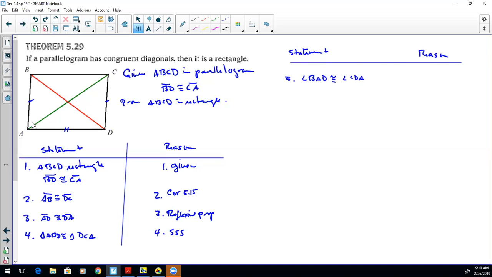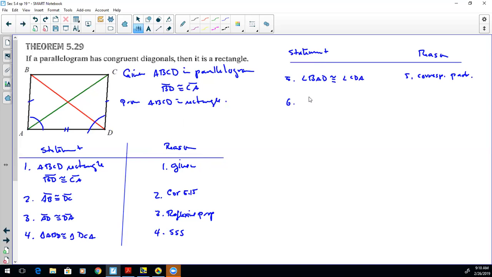BAD is this angle, and CDA is that angle, and those are corresponding parts, or CP, as the book writes it down here. So BAD and CDA are congruent angles of the two different triangles. That's the corresponding parts, and we're just about done now.